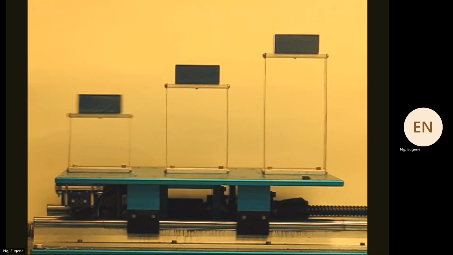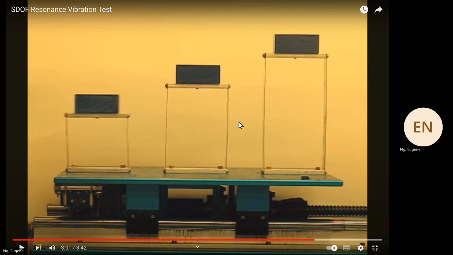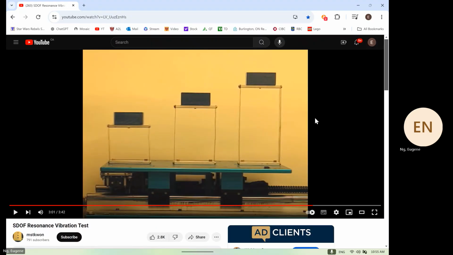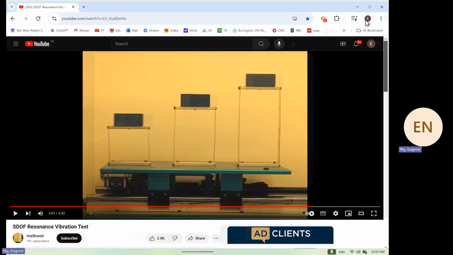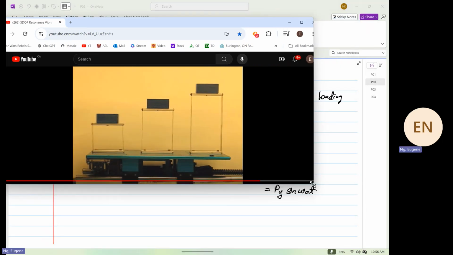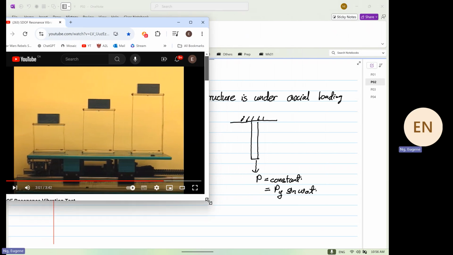Okay, now you see that. Now, since you see how the structure behaves, I want you to do this now, right?